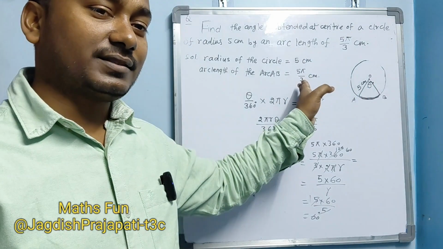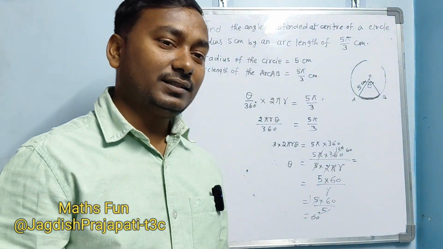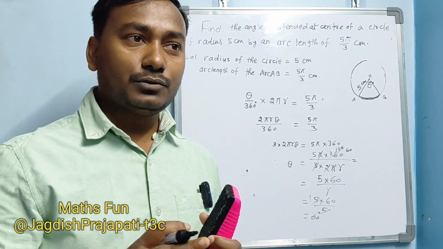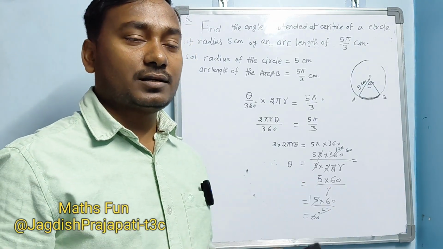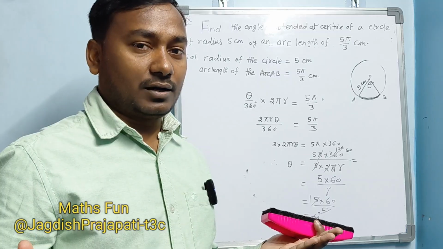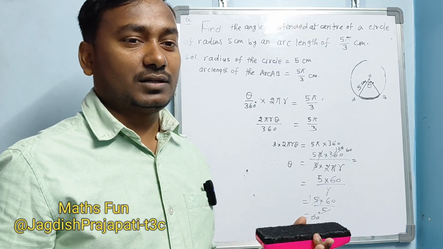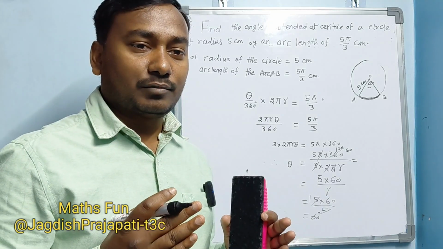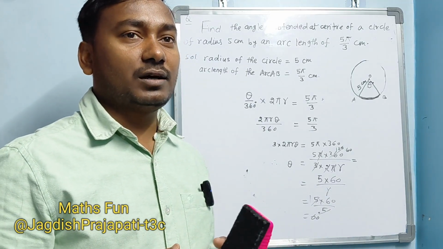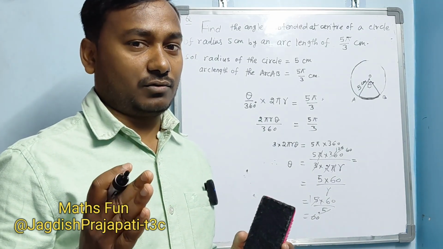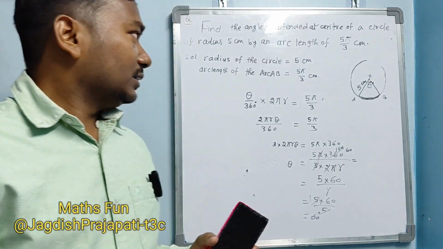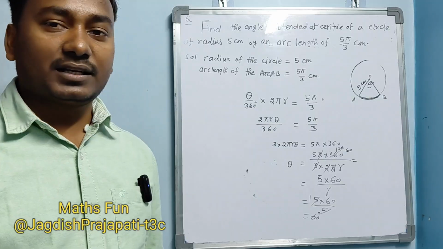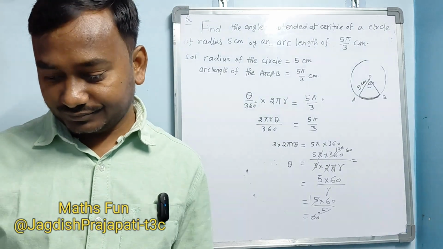Most of the information will be given in the question, and you have to answer at least one unknown, or sometimes maybe two or three, but most of the time you have to answer only one unknown. Okay, so if you have written this, then we can go for another question.